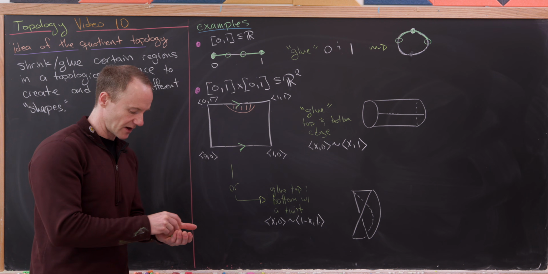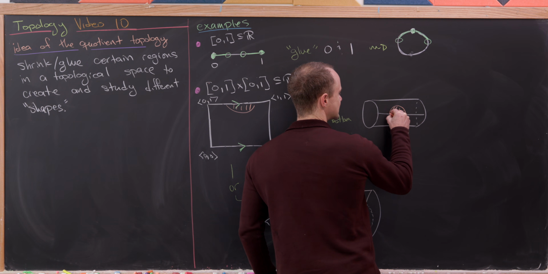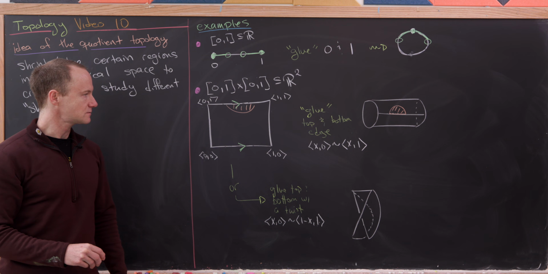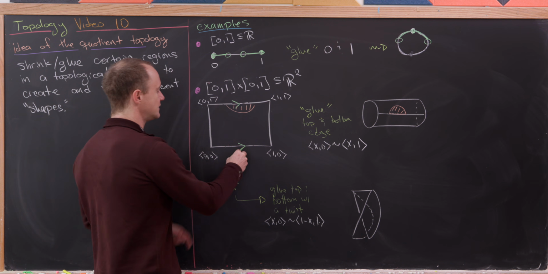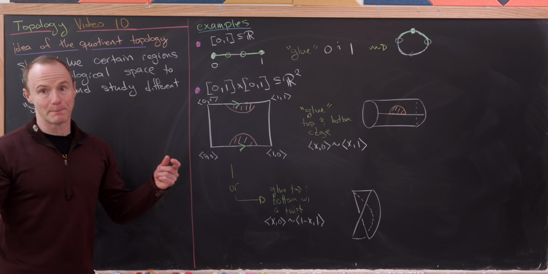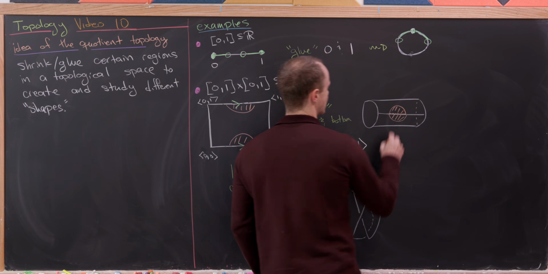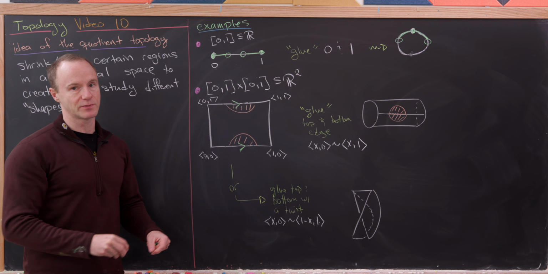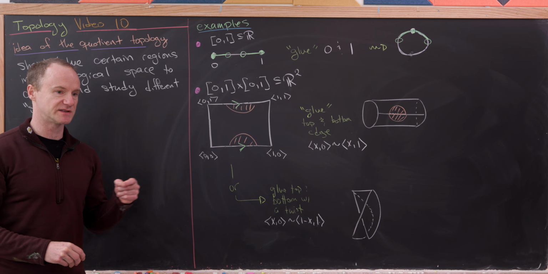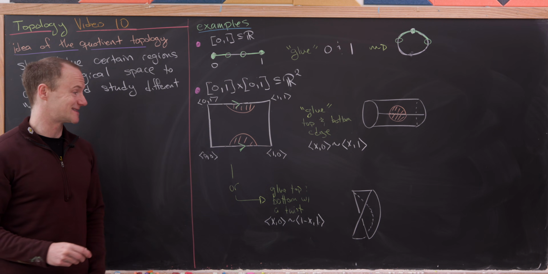Then this open set right here would map to a not open set. Maybe it would be something like this. It would include that line right there, making a not open set. But if we were to add to this some sort of copy down here that has the same boundary, then we would produce an open set over here. And so again, the first example, before I amended the drawing, is an example of a not saturated open set. But the second example is a type of open set which we call a saturated open set.